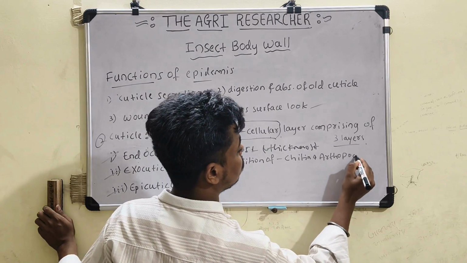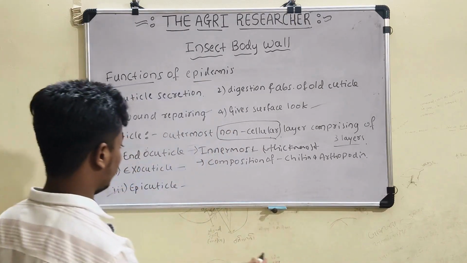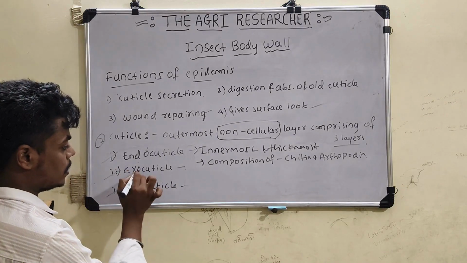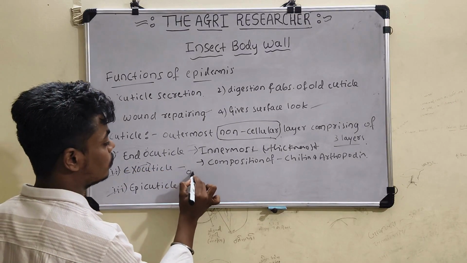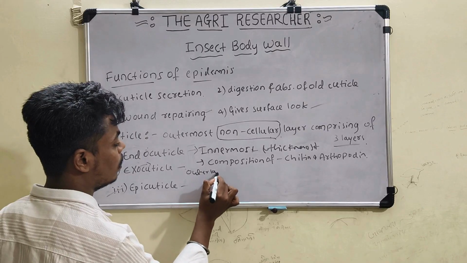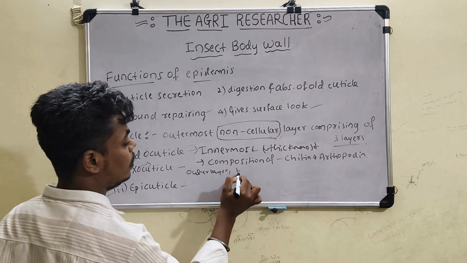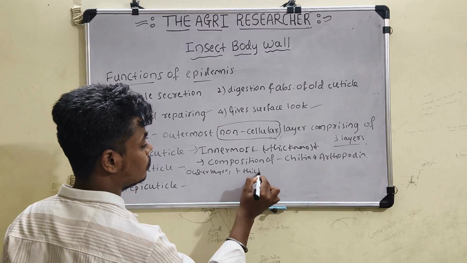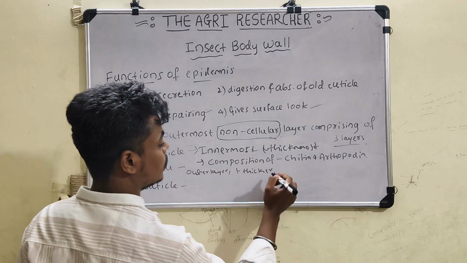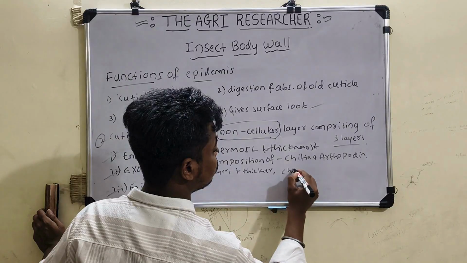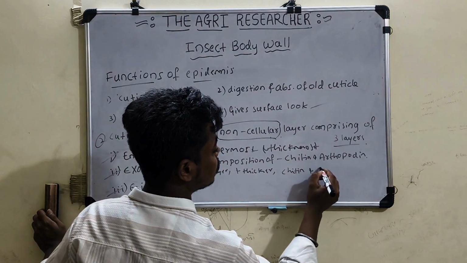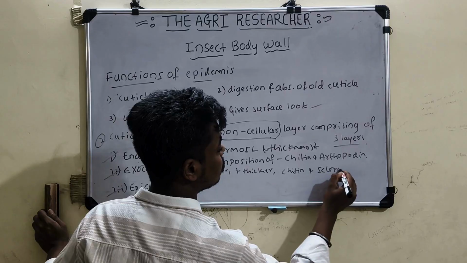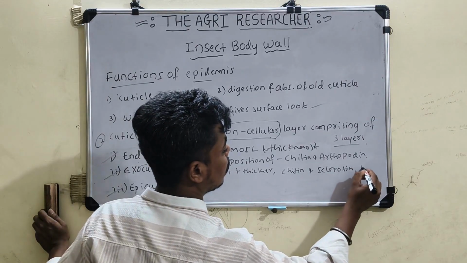It is very important. Similarly, the exocuticle, as the name says, is the outer layer, and it is also thick. It is composed of chitin and sclerotin. It is a hard layer.